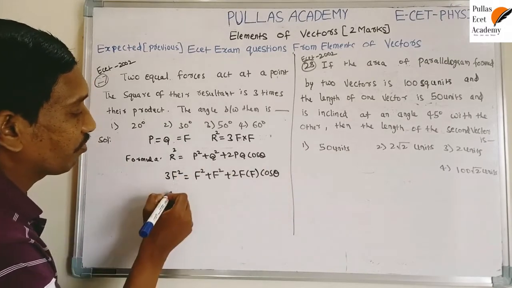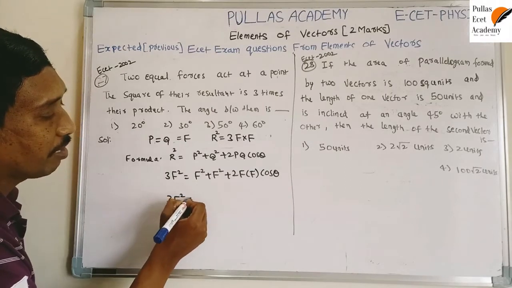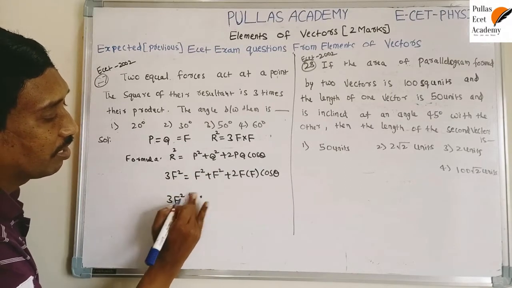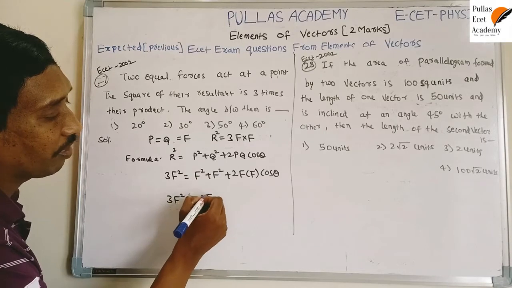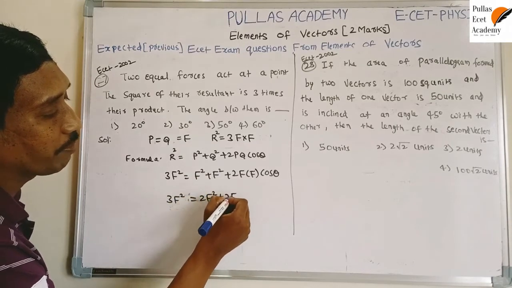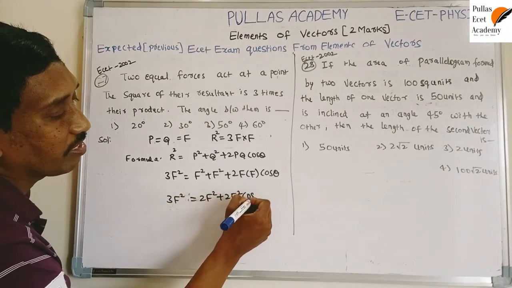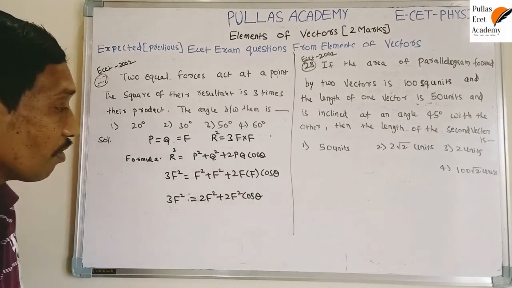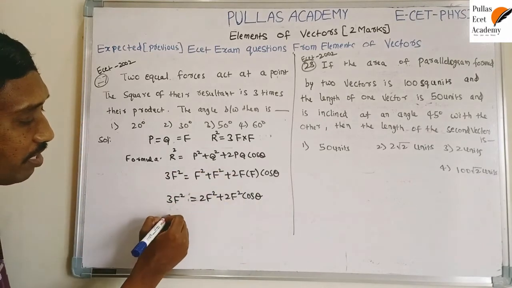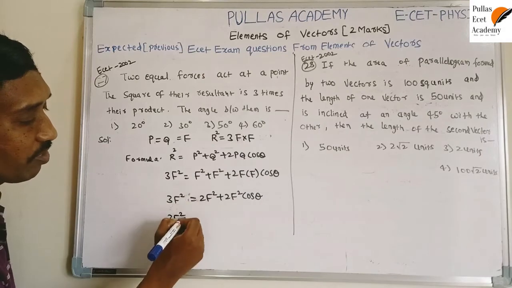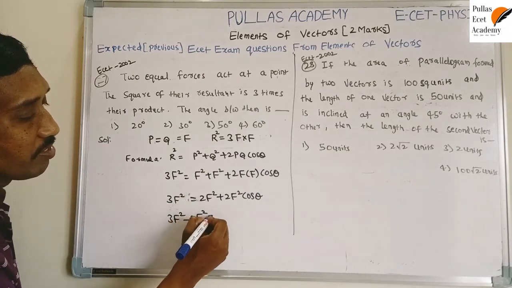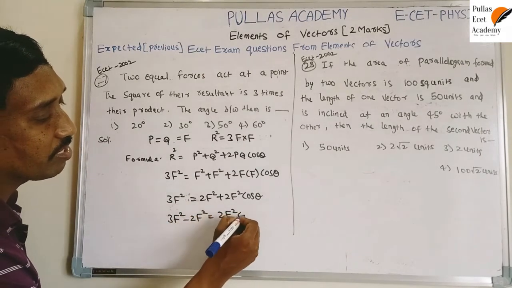Simplifying, 3F square is equal to 2F square plus 2F square cos theta.